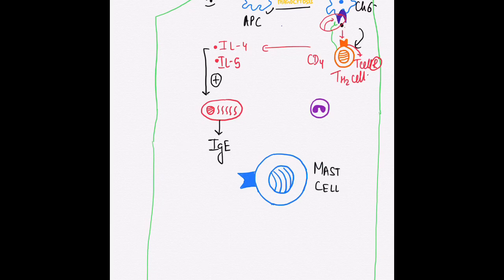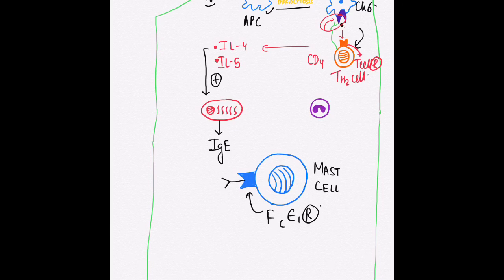The mast cell expresses a specific protein on its membrane known as Fc epsilon 1 receptor, which binds with the IgE antibody. As you can see, the IgE antibody is connected to Fc epsilon 1 receptor.